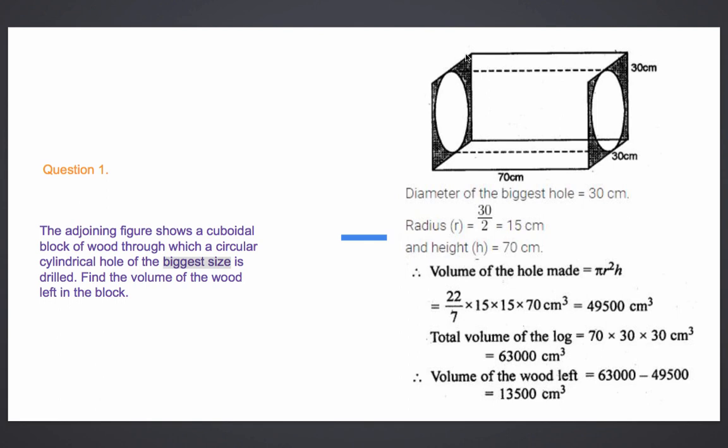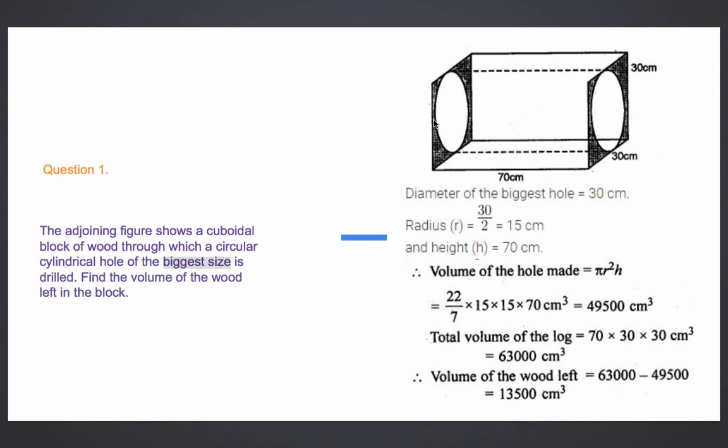If this is the side, and I want the biggest circle, then the diameter of this circle should be equal to this side itself. I repeat, so that we can get the biggest circle drilled out of it, the diameter should touch the edges, the two ends, the two points.